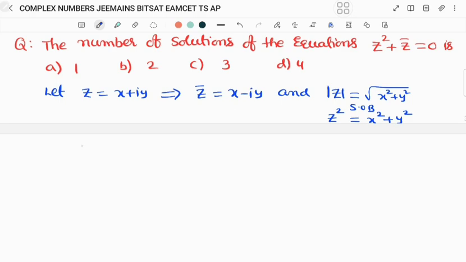Now come to the equation. So the equation is z square plus mod z bar equal to 0. That is x square plus y square, and z bar means x minus iy, equal to 0.